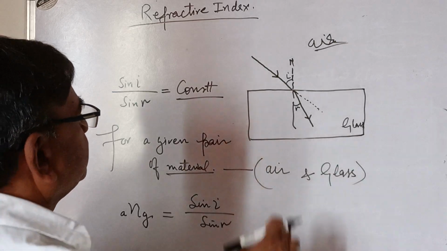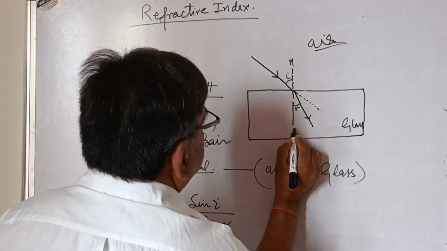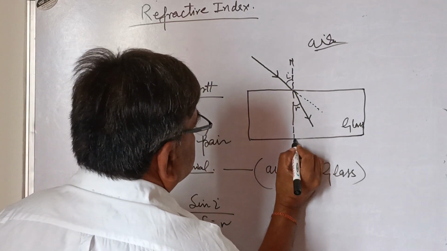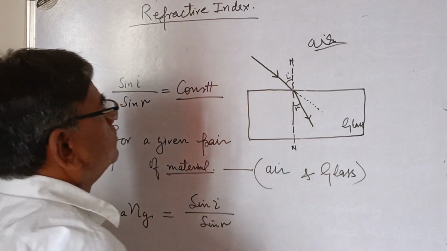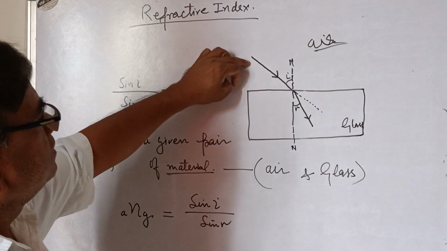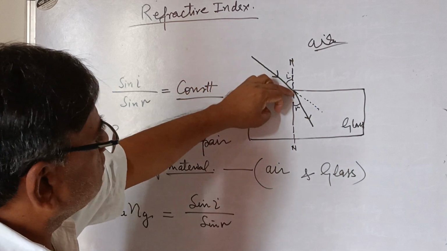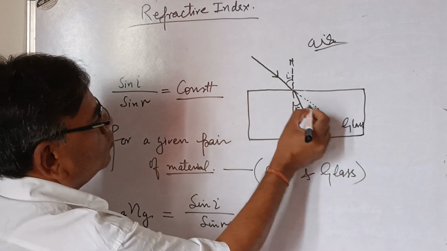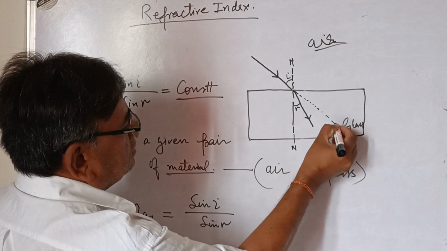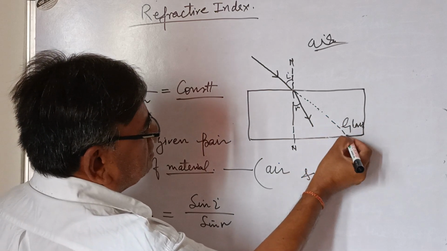Now, a very notable thing you should know: the light ray is incident along this line, and if it went along this line, it would have emerged here.